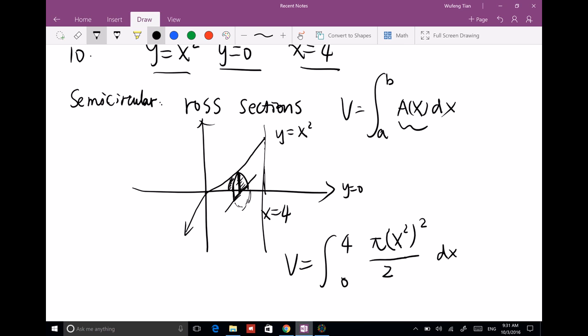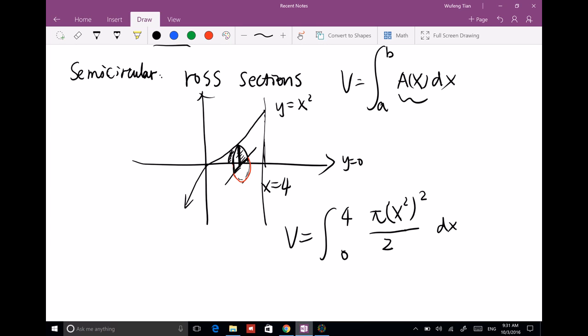It's three-dimensional. You cut that, and the height is actually the radius, and you have another half circle in the bottom like that. This is a half circle, and the height is just the height. The y value is just the radius. So it's pi r squared over 2 dx, and that's how you find the whole volume. And that's it. Some students forget the pi.